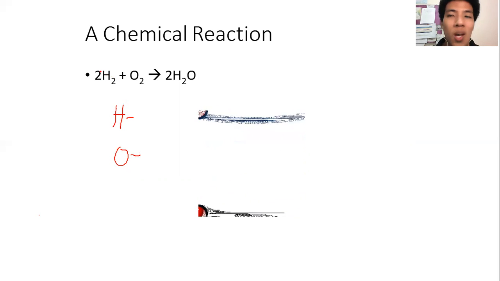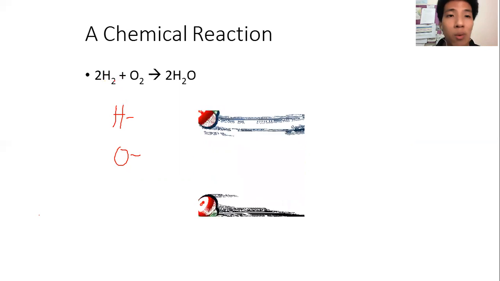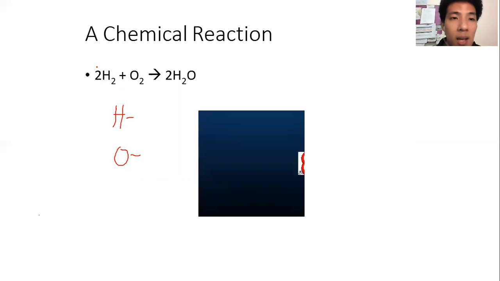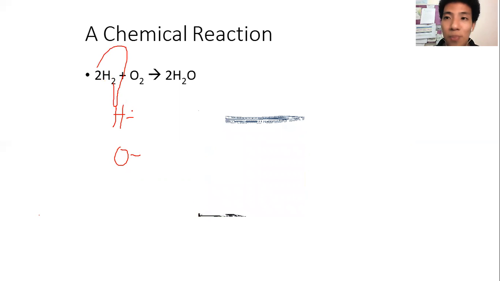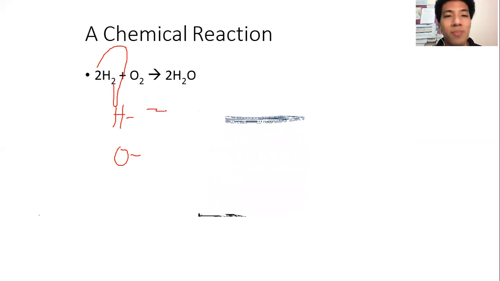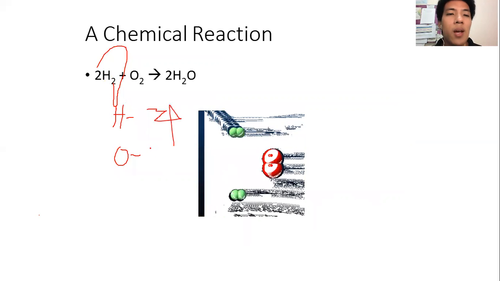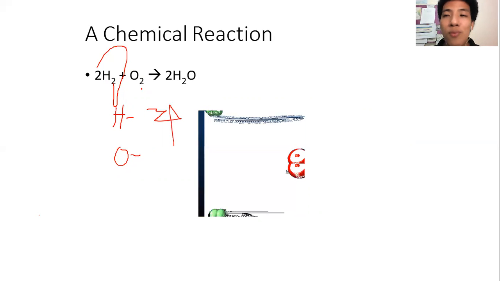The coefficient is 2, and you also have a subscript of 2 for the hydrogen. What you're going to do is multiply 2 by the subscript, and that leads you to 4 atoms. For the oxygen, you have 2 atoms.